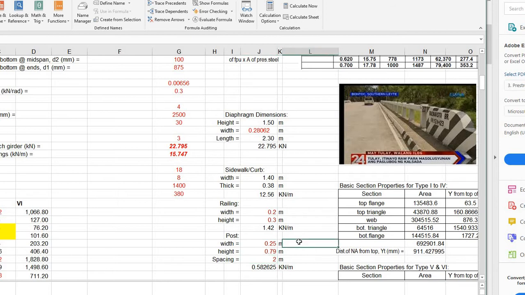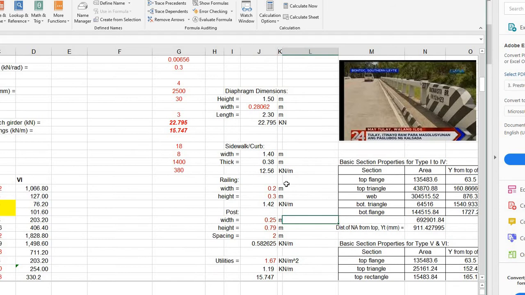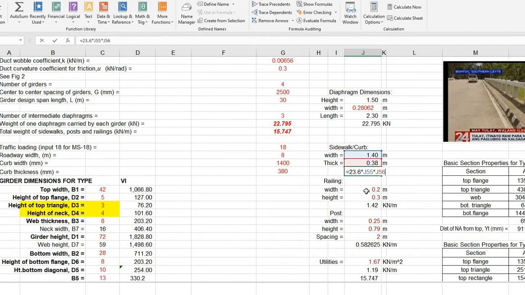Next is, punta tayo ngayon dito sa computation ng sidewalk. That is simply the area, cross-sectional area of the sidewalk multiplied by density of concrete. Yan. So, kilonewton per meter yan. And then, sa railing naman, magiging kilonewton per meter din. The cross-sectional area multiplied by unit weight of concrete. Ayan siya.